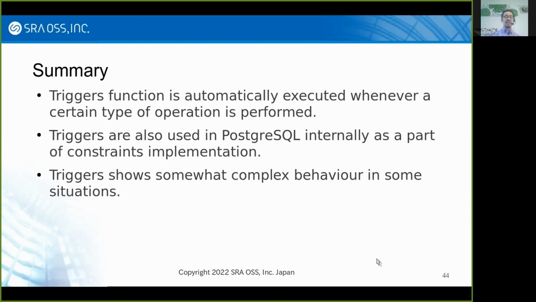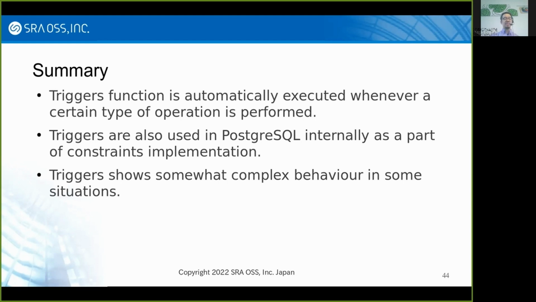This is the end of my presentation. Let me summarize. I explained what trigger functions are. A trigger function is automatically executed whenever a certain type of operation is performed. There are many use cases.